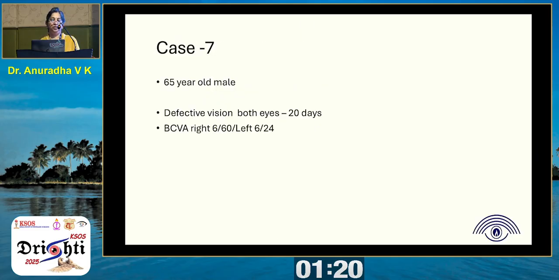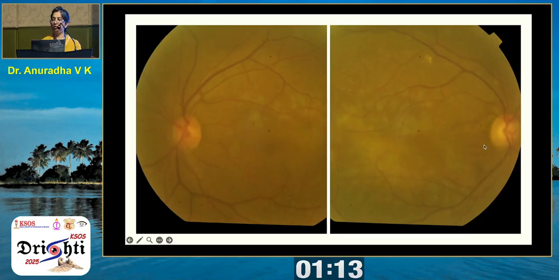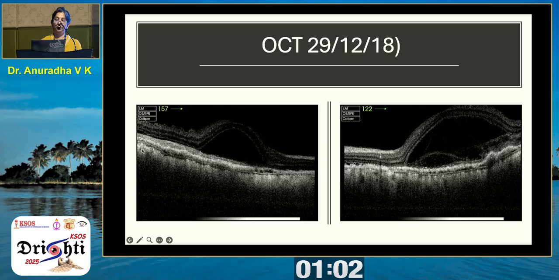And the last patient is a 65-year-old male coming with defective vision, both eyes for 20 days. And when you look, both eyes have these very ill-defined yellowish subretinal lesions, multiple lesions, which on OCT, in addition to the subretinal fluid, what is very striking is this thickened hyperreflective retinal pigment epithelium, which is absent in some areas here and here.